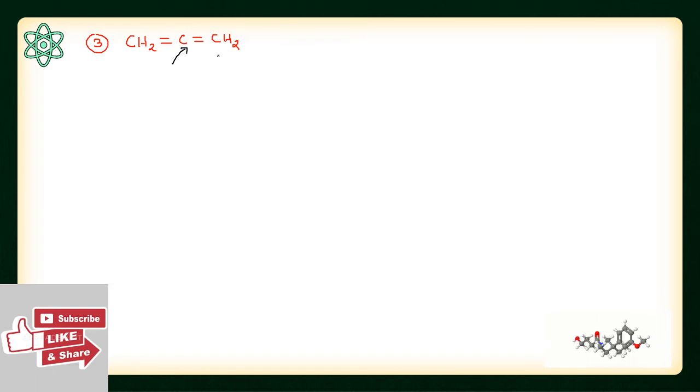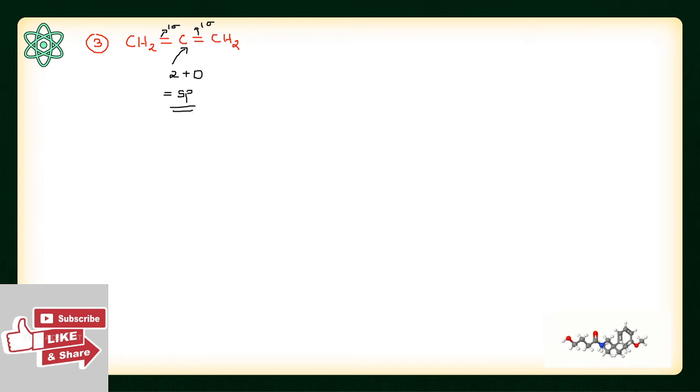You just have to count the total number of sigma bonds. So here you can clearly see that from this double bond, one will be sigma, one will be pi. So from here you have one sigma bond, and from here also you have one sigma bond. There is no other sigma bond attached to this carbon atom. So the answer to this question is 2 plus lone pair is equal to 0. Therefore hybridization is sp.